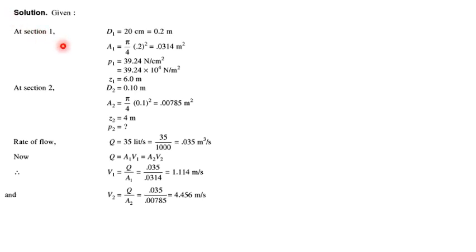For section 1, the diameter was given 20 centimeter. We can convert it to meters, which is 0.2 meter, and calculate the area A1 from the diameter, which is pi by 4 d square, and the pressure was known P1. It is 39.24 Newton per centimeter square. We have to convert it to Newton per meter square, and this elevation Z1, which is 6 meter.